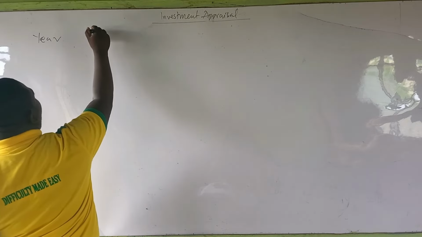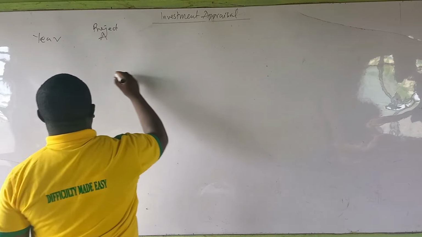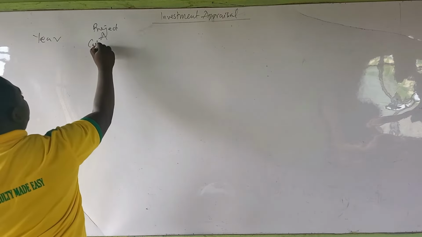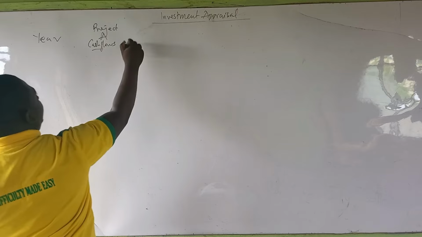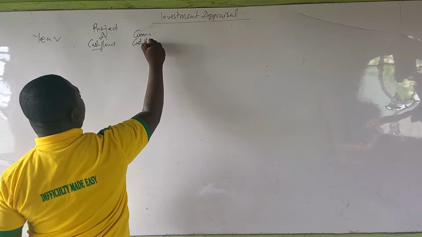So we'll say here, for project A, we are going to look at the cash flows and the cumulative cash flows.